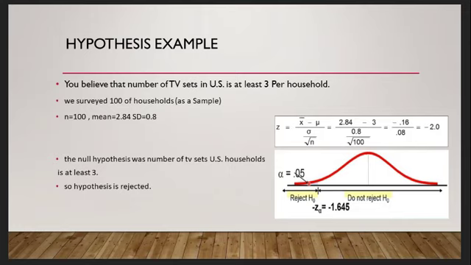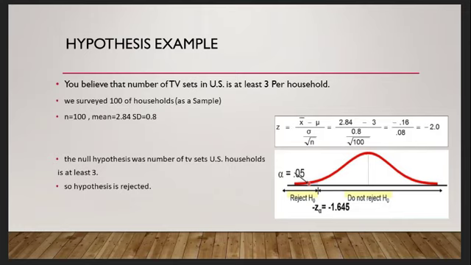So something falling here, you reject the null hypothesis. As you compute the statistics, here it is negative 2, which implies that it's falling somewhere here. So it's significantly different from your accepted value.